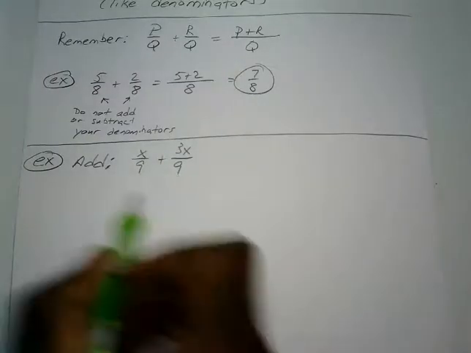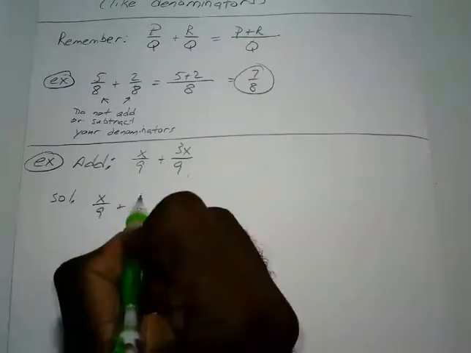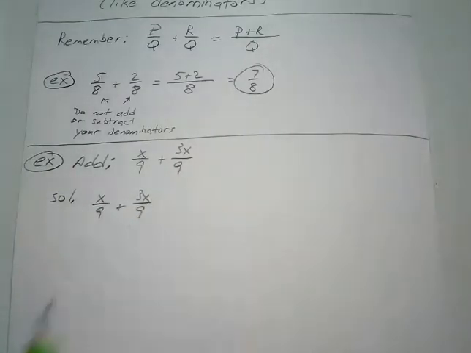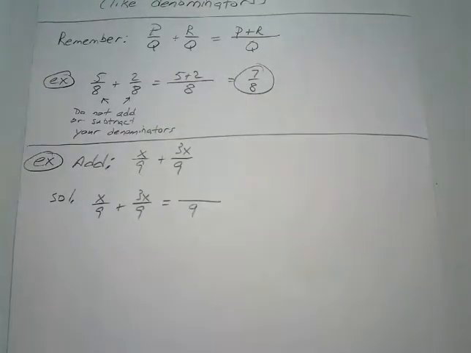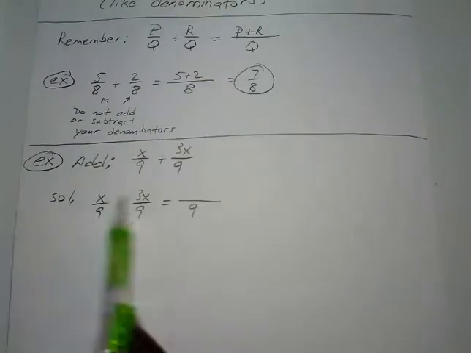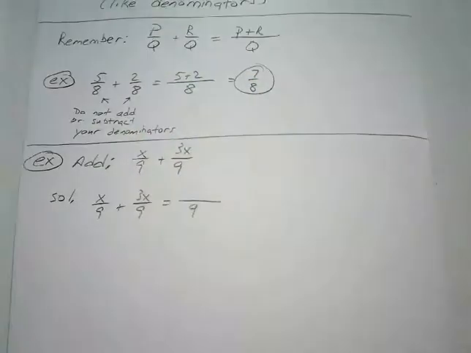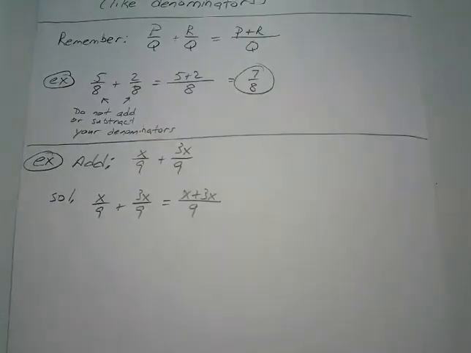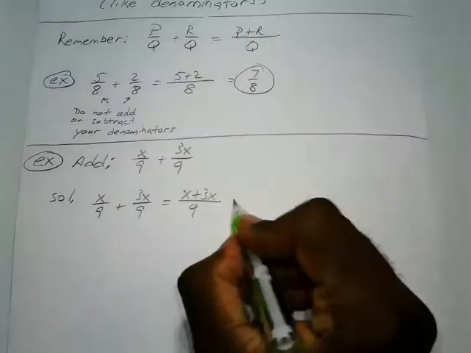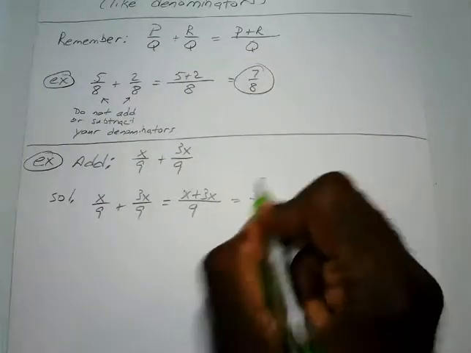We have the same denominator, so our answer will be something over 9. Now we just go ahead and add our numerators. So you have x plus 3x, which, once you combine those two, you get 4x over 9.